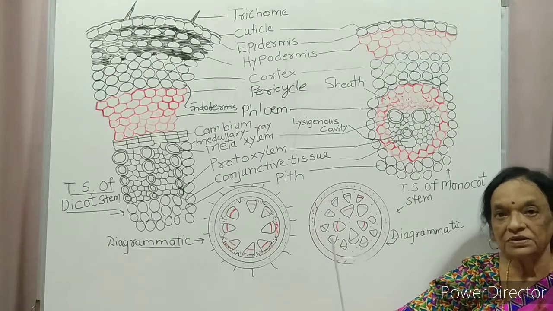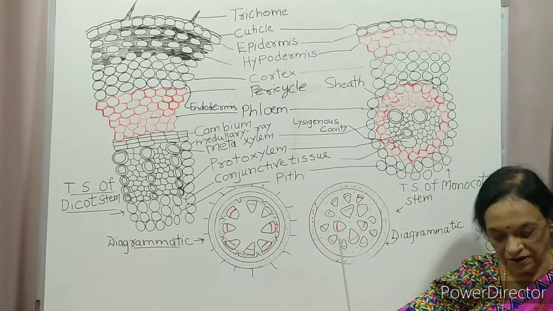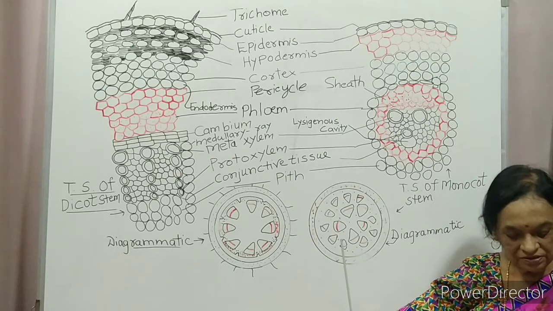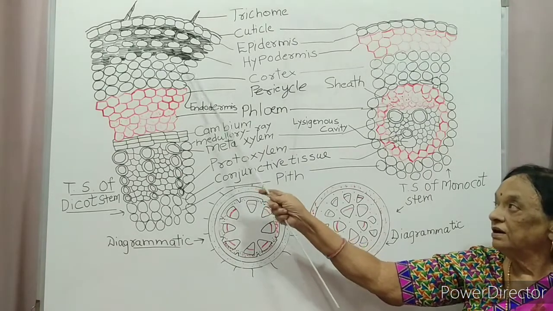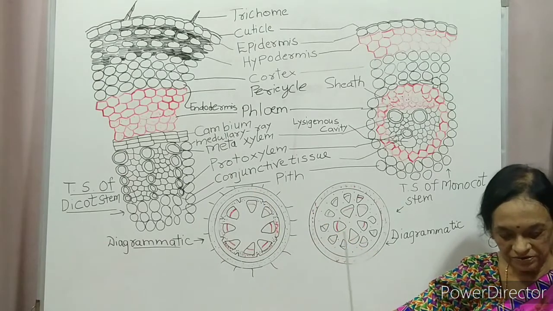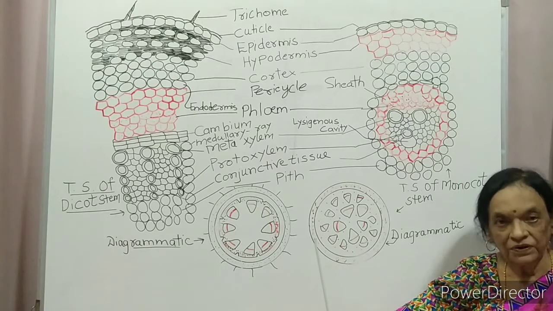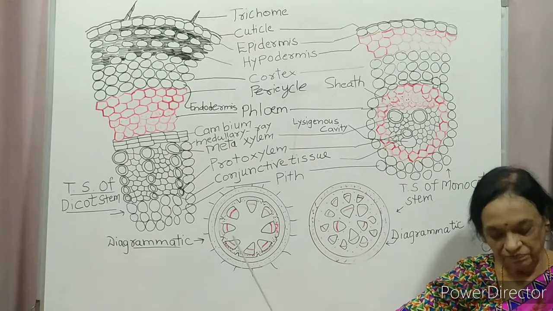The cork is impervious to water due to suberin deposition in its cell wall. The cells of secondary cortex on the lower side are parenchymatous. Phellogen, phellem, and phelloderm collectively are called periderm.